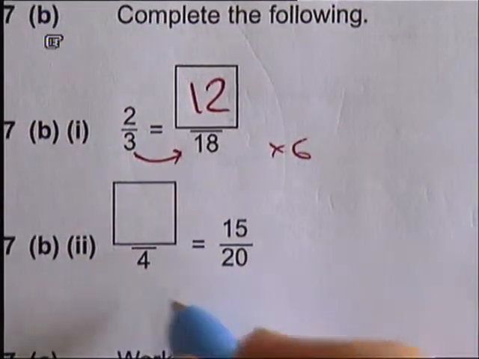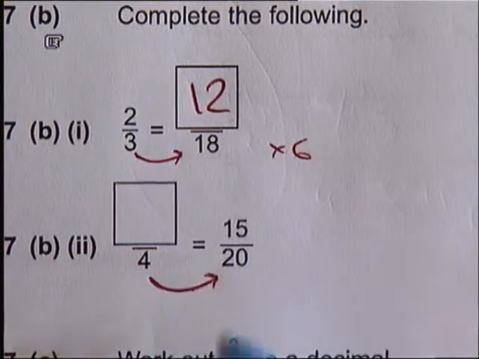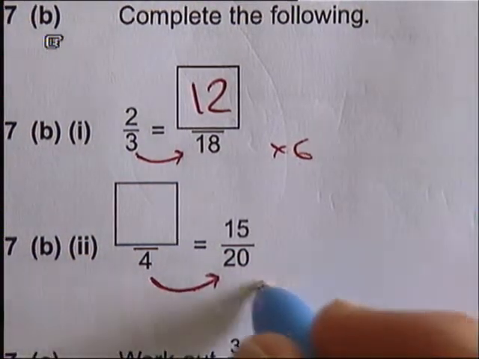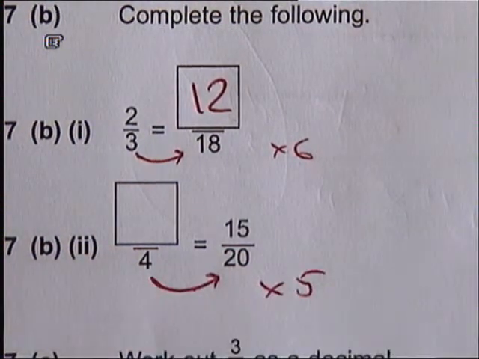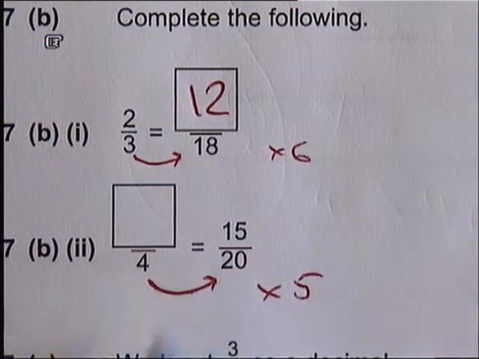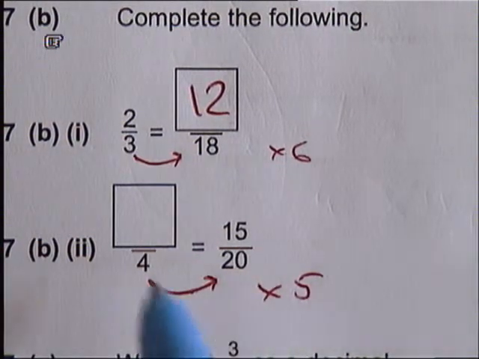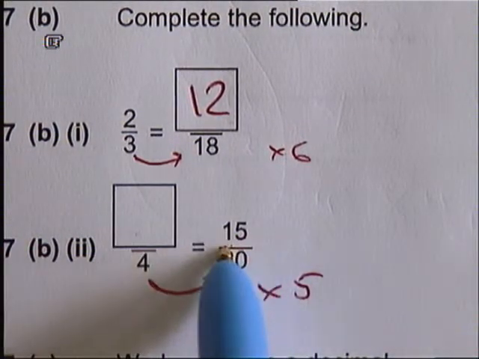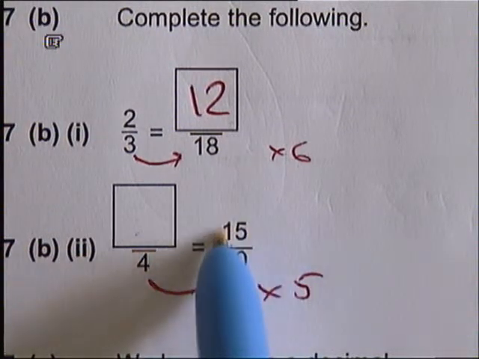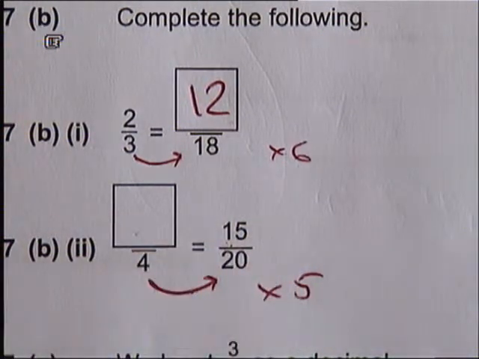In this one it's similar. If we look at what's happened here, to get from 4 to 20, you've timesed by 5. And in these questions you must always think about timesing and dividing. But we're actually going the other way around really. We're starting with 15 and working backwards.